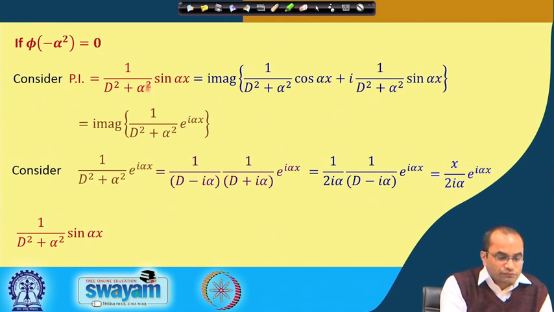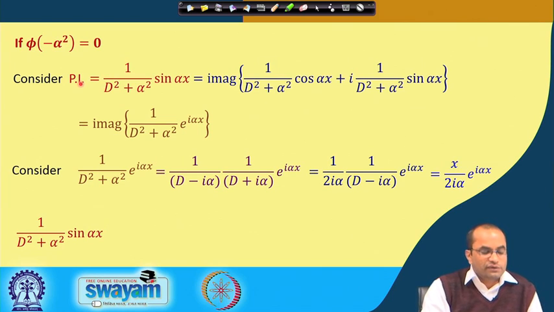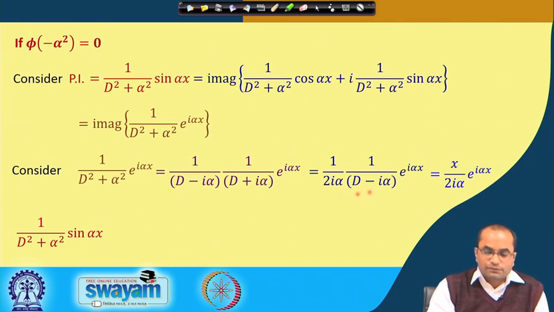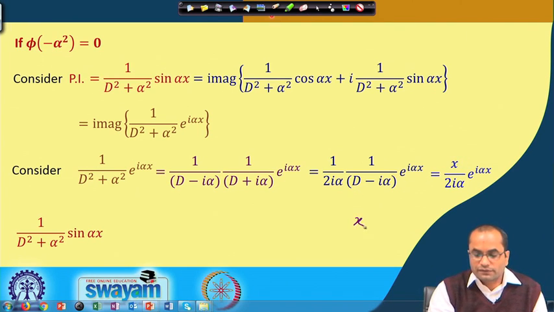So, now we want to get 1 over d square plus alpha square operated on sin alpha x, and we want to take the imaginary part, as the derivation suggests here. So, what will be the imaginary part? We have here x over 2 I alpha, and this e power I alpha x we will write as cos alpha x plus I sin alpha x.